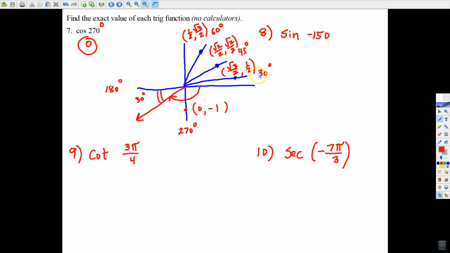I know this isn't a great drawing, but let's look at our 30-degree angle that we provided in quadrant 1, and remember that in quadrant 3, both of these are negative: negative root 3 over 2, -1/2. Sine always corresponds to the y-coordinate, and so very simply, we'll just take the y-coordinate of this angle from quadrant 3, and we'll say our answer is -1/2.